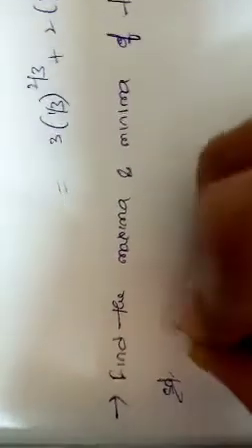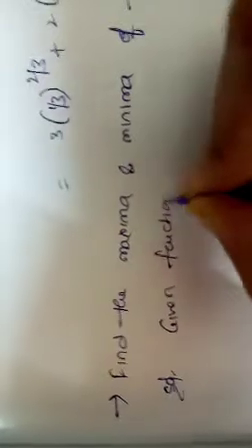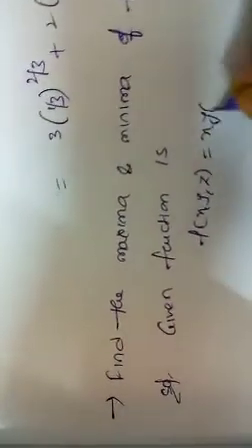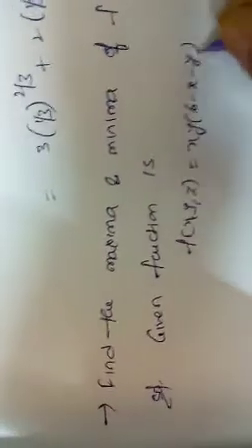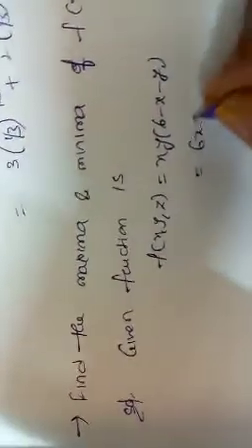Solution. So what is the given function? The given function is f of x, y, z equal to xy into 6 minus x minus y. So then 6xy minus x square y minus xy square.